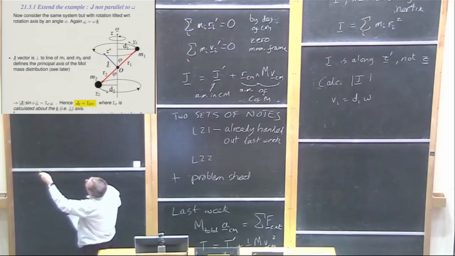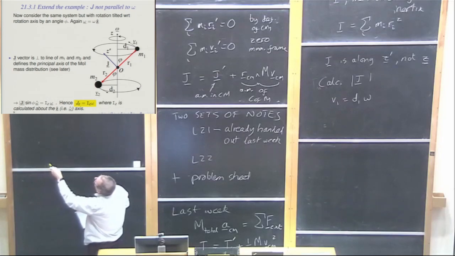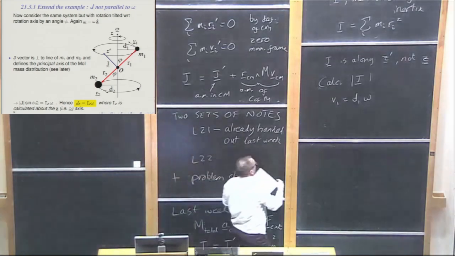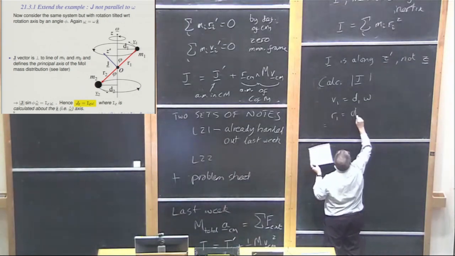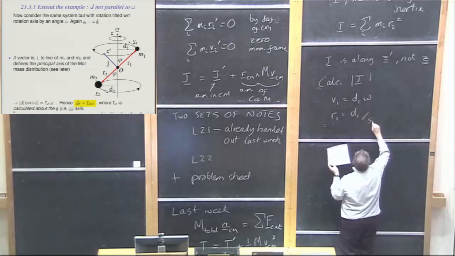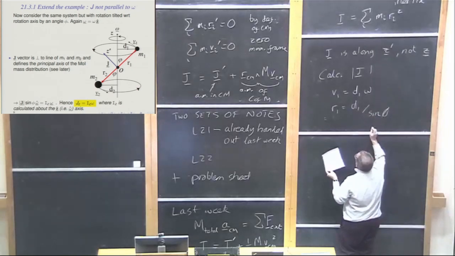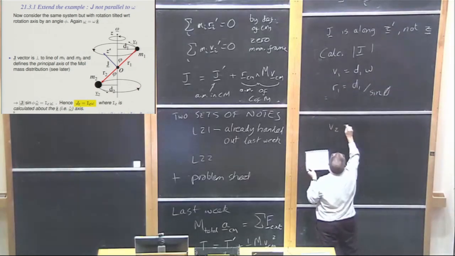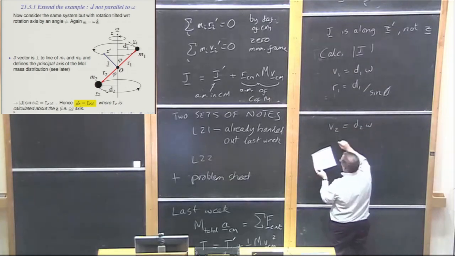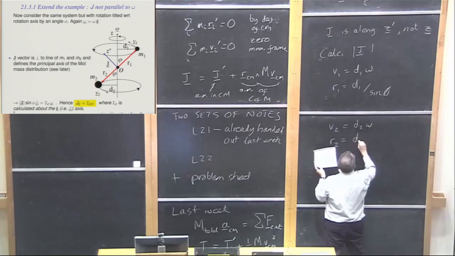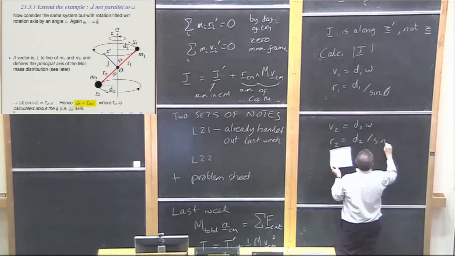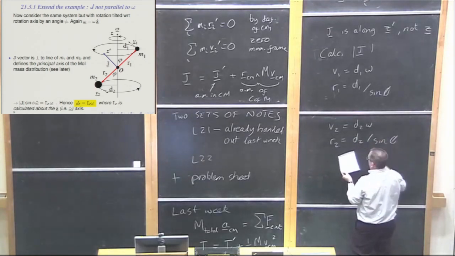Geometrically there's a relation between R1, D1 and phi, which is that R1 is equal to D1 over sine phi. And similarly, V2 is equal to D2 omega, and R2 is equal to D2 over sine phi.